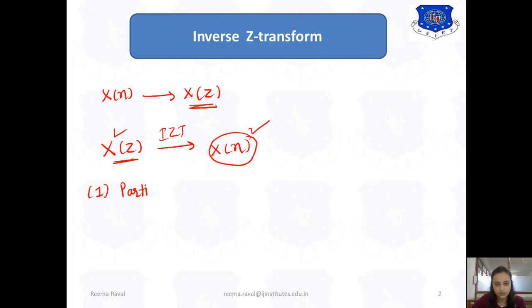partial fraction expansion method, which is also called as PFE method.